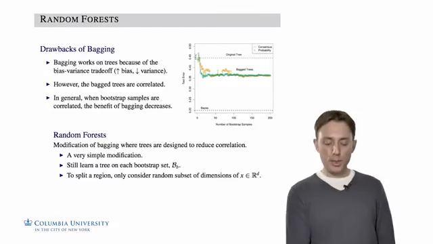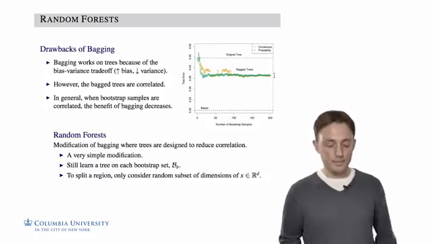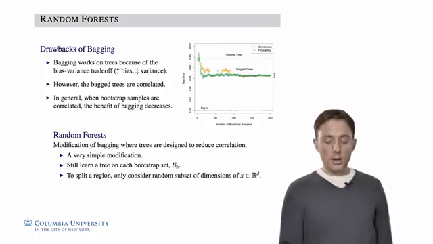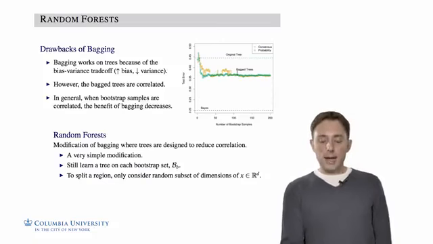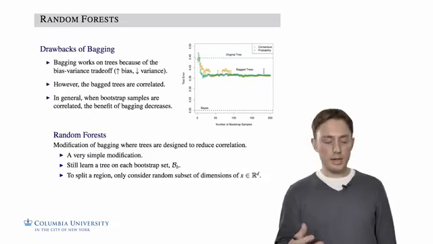So we can see that when we go from one tree up to, say, 25 trees, using these bootstrap samples, we get a clear improvement, but then at a certain point, the improvement stops. So at a certain point, bagging more trees is not going to improve our classifier at all.